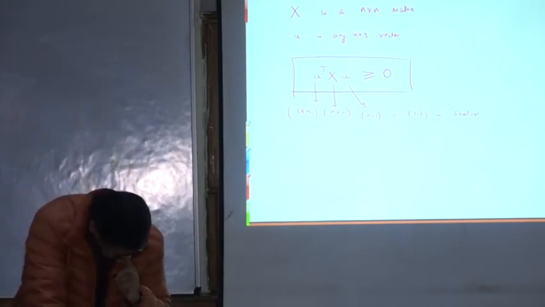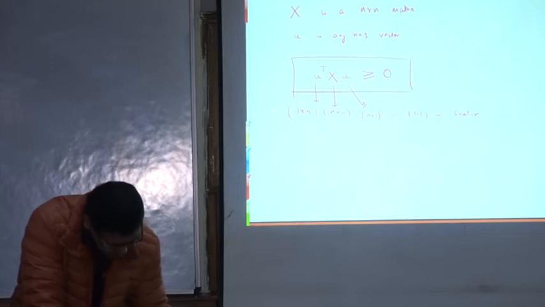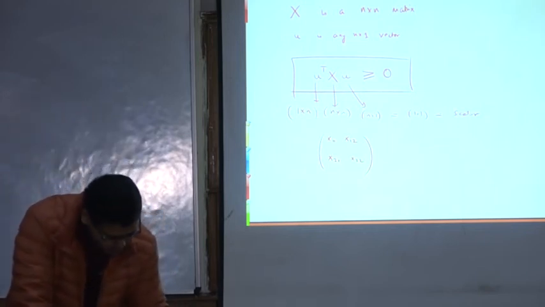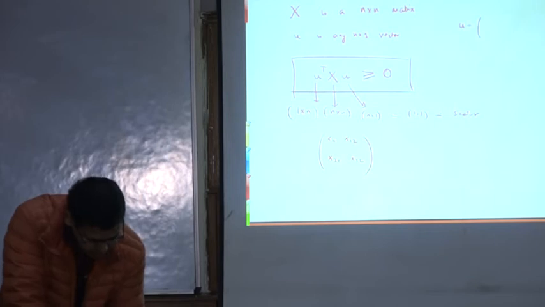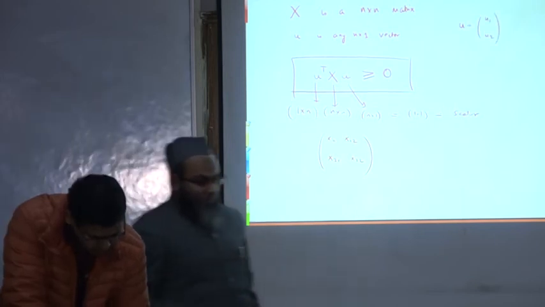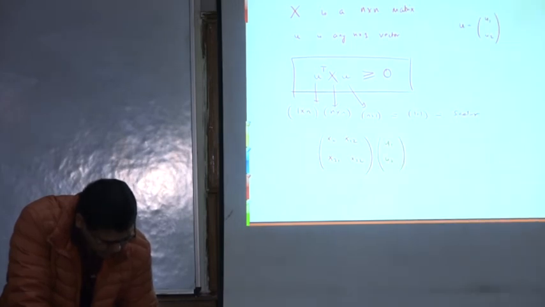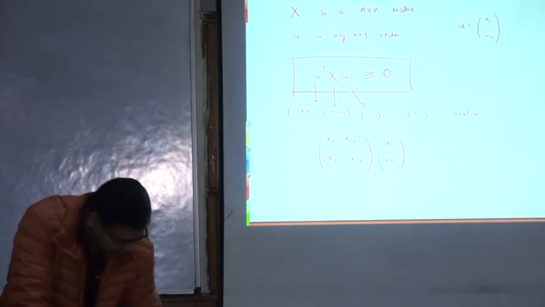So for example, let's just pick a matrix. I'm just going to call it x11, x12, x21, x22. So this is a small matrix, just a 2 by 2 matrix. And u is this vector u1 and u2. And the transpose of that on the left hand side would be u1, u2.